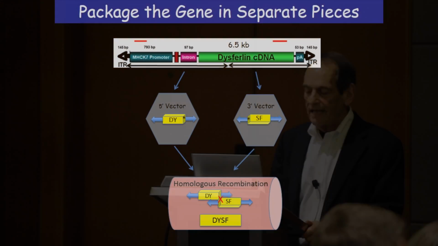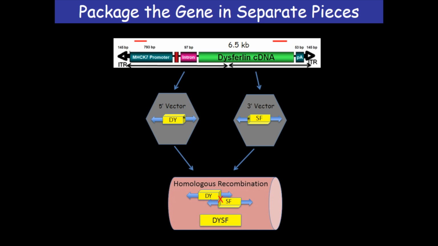And by magic, I swear this is magic, when you put these two components in, and Louise worked hard on how to make this happen, the genes have to overlap by 1,000 base pair. And if this overlaps by 1,000 base pair, the gene will produce by homologous recombination a full-length dysferlin protein, unequivocally full length.